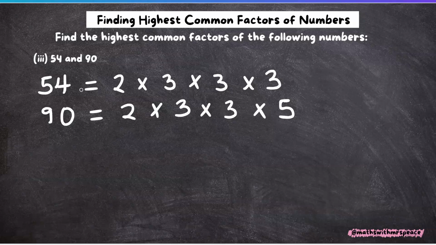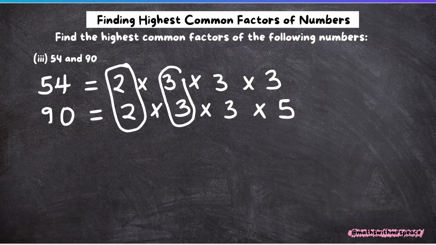So let's find our pairs of matching factors here. We have 2, we have 3, and we have 3 again. And that's going to be that, because we have a 3 here, but there's no other 3 down here. We have a 5 here, but there's no other 5 up here. So the factors we're able to match are the ones we are going to multiply to get our highest common factor.